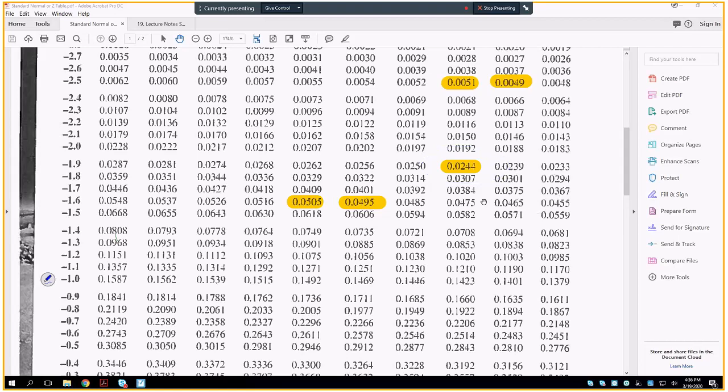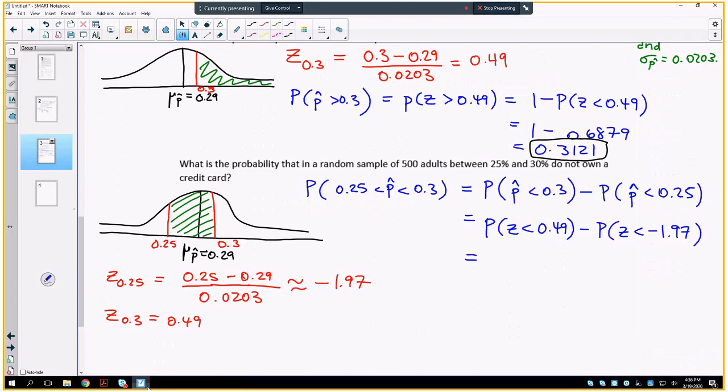So I'm going to take the difference of those two numbers. So here I have 0.6879. Subtract the number that we just found in our table, 0.0244, and I get 0.6635.